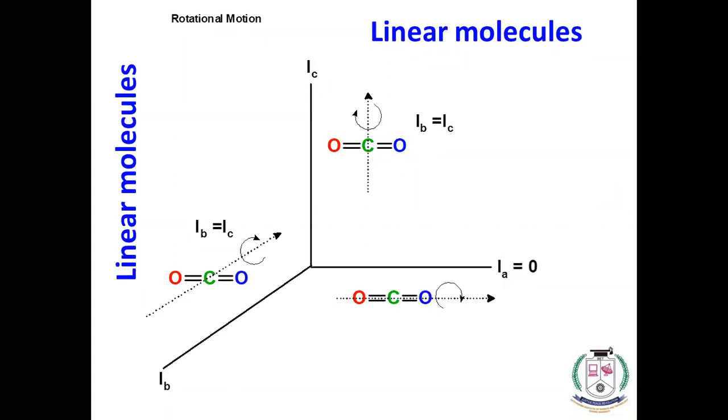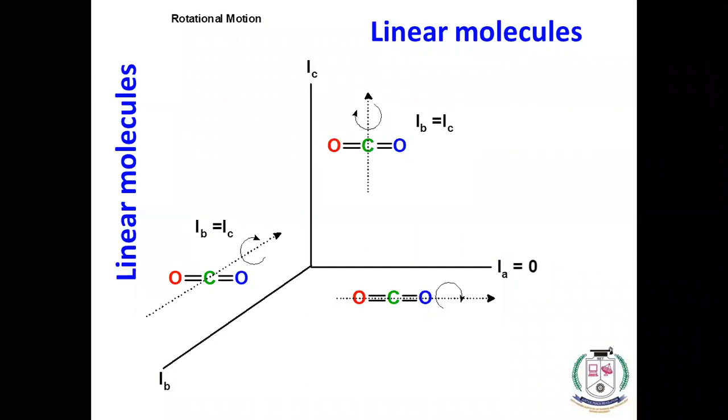If our axis is going through carbon, vertically in the Z direction, the molecule will have a moment of inertia, which we indicate with IC. Let us take an axis perpendicular to IC, exactly like X, Y, Z: X is IA, Y is IB, Z is IC.